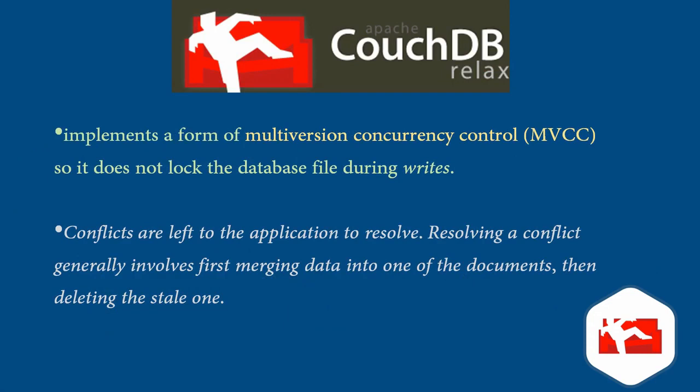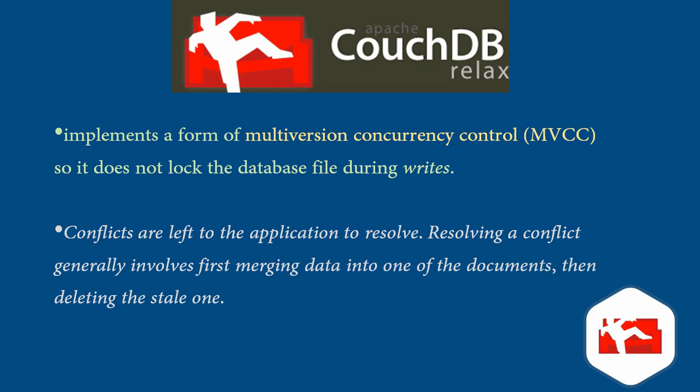CouchDB implements a form of multi-version concurrency control, MVCC in short, so it does not lock the database files during writes. In traditional databases like RDBMS and other kinds of databases, multiple write operations are not supported. Only a single user or person is allowed to perform a write operation. In case multiple writes could occur, they use kinds of locks to conceal a certain section of code.